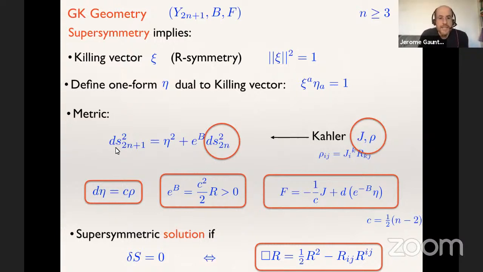The metric can now be put into this canonical form. So it's the 1-form plus an even dimensional metric. And I've taken out a particular exponential of the scalar function b. And it turns out, rather remarkably, that when you do that, this transverse even dimensional metric is Kähler.